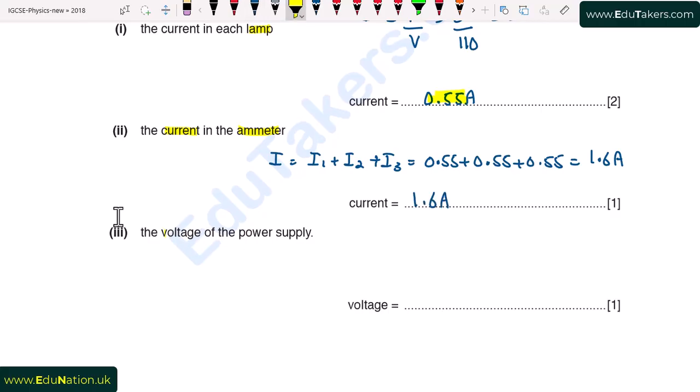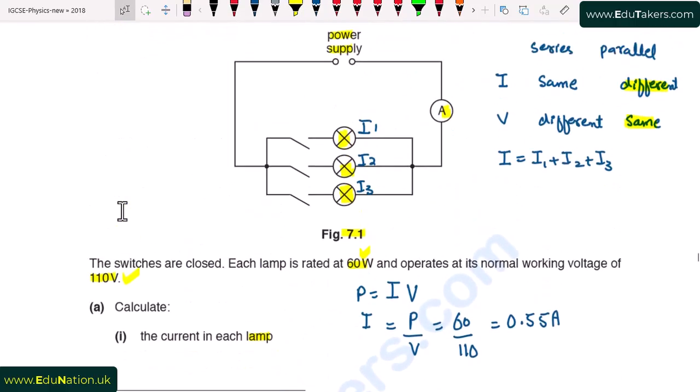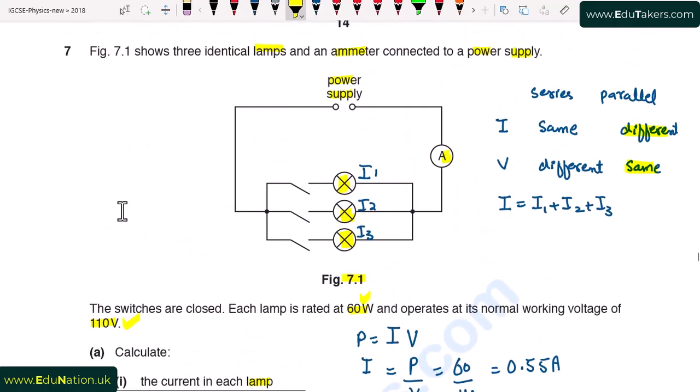Part 3. The voltage of the power supply. Going back here, we can see that in the parallel combination potential is the same. Or I can simply write V is equal to V1 is equal to V2 is equal to V3. It means that the potential across the power supply will be the same as the potential across each of these lamps.